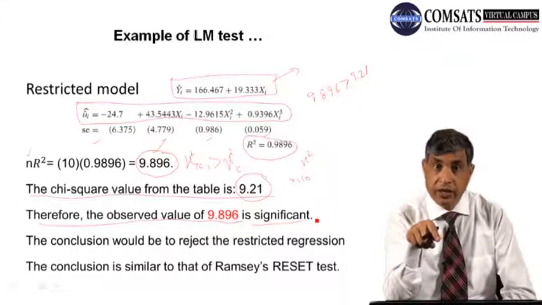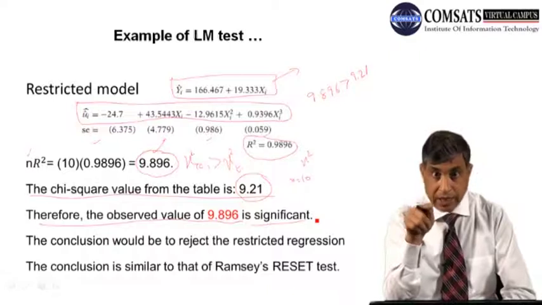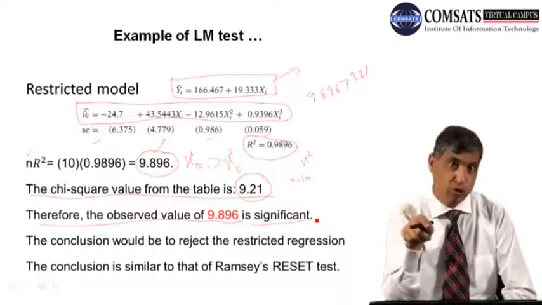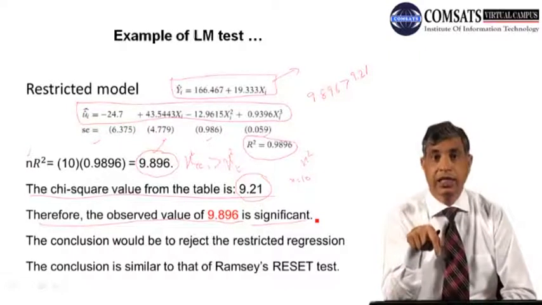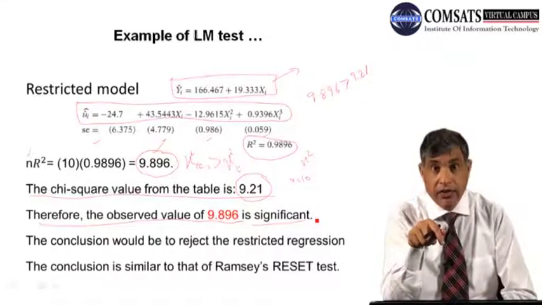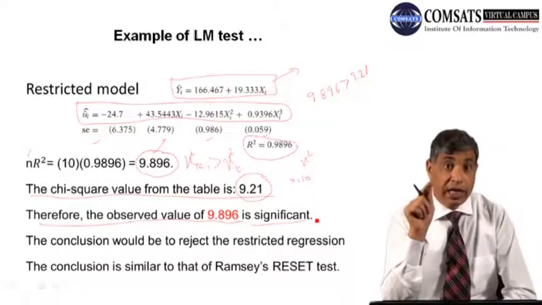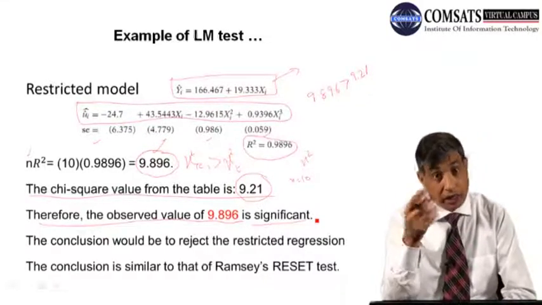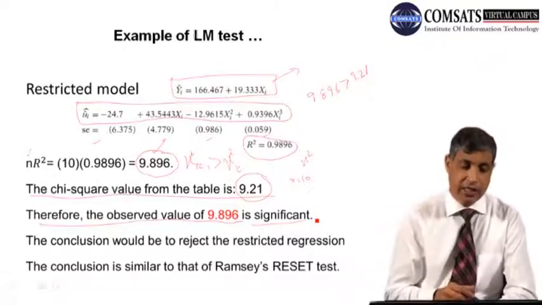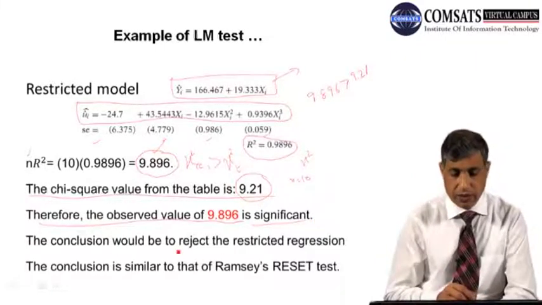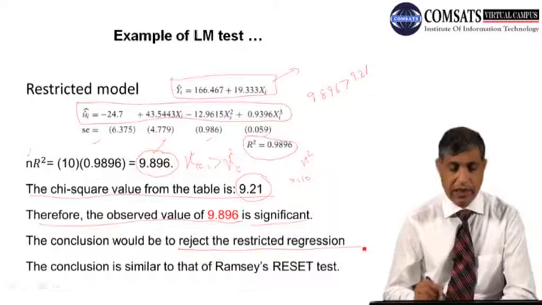Here we are deciding that the model is misspecified, because we are rejecting the null hypothesis, and the null hypothesis was that the model is correctly specified. The conclusion is to reject the restricted regression.